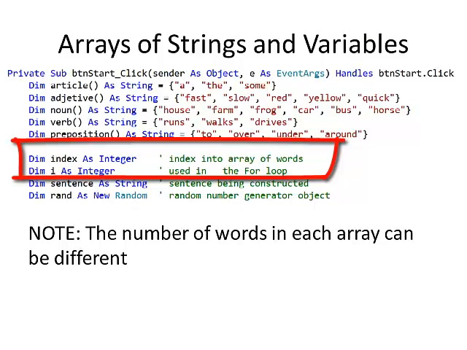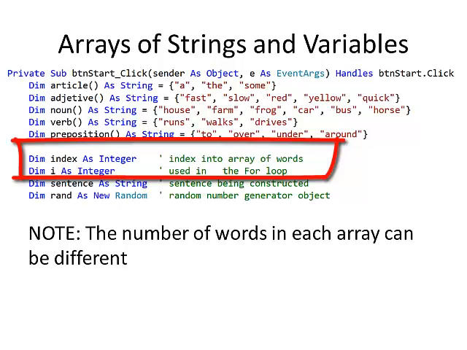For variables, I'm only declaring 4. I have index. That's going to pick which position in the array we're going to choose a word from. For example, if the index is a 4, then I'll pick the word that's in index position 4. I'll use a random number generator to pick the index.